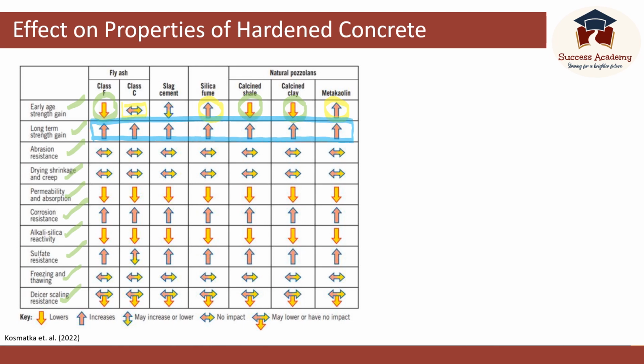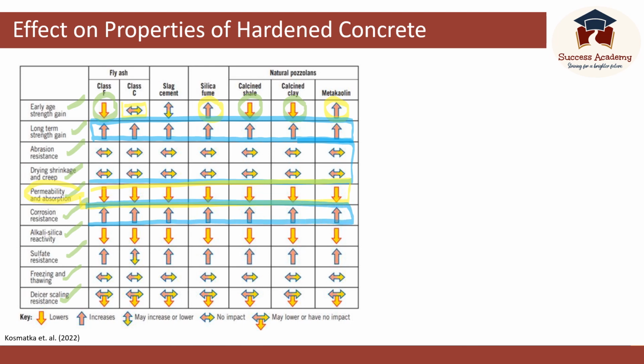When you look at the abrasion resistance, none of them have any effect. And also the drying shrinkage and creep, none of them have any effect. When you look at the permeability and absorption, all these admixtures reduce the permeability and absorption. When you look at the corrosion resistance, all of these admixtures increase the corrosion resistance.